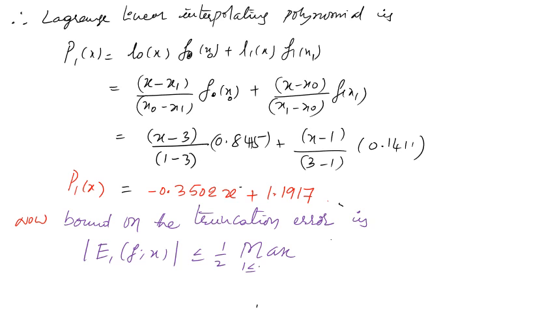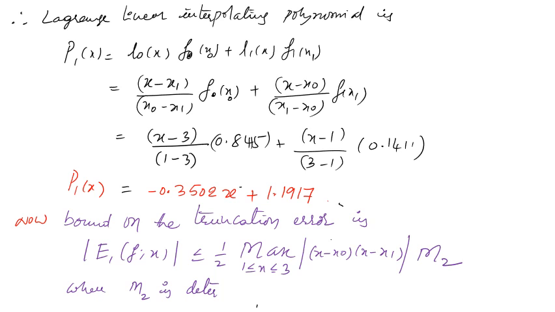Maximum of 1 less than or equal to x less than or equal to 3 of mod x minus x naught, x minus x1, right? Then into M2. What is M2? Where M2 is determined by maximum of f double dash x in 1 less than or equal to x less than or equal to 3 less than or equal to M2.